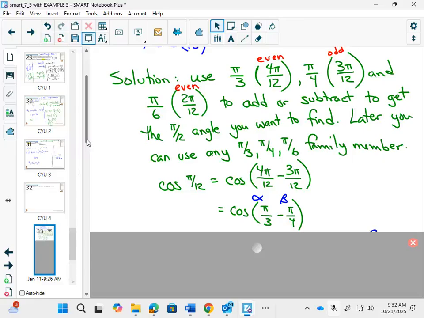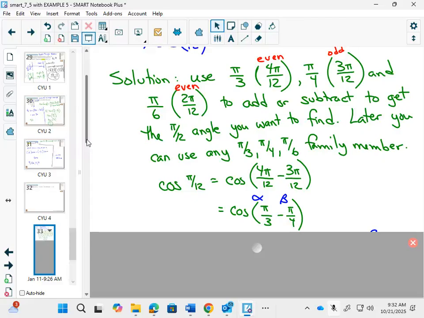Above the pi over 3, I'm going to make that my alpha, and I'm making the pi over 4 my beta, and so I have cos of alpha minus beta, which allows me to write it as the right-hand side from my formula sheet.